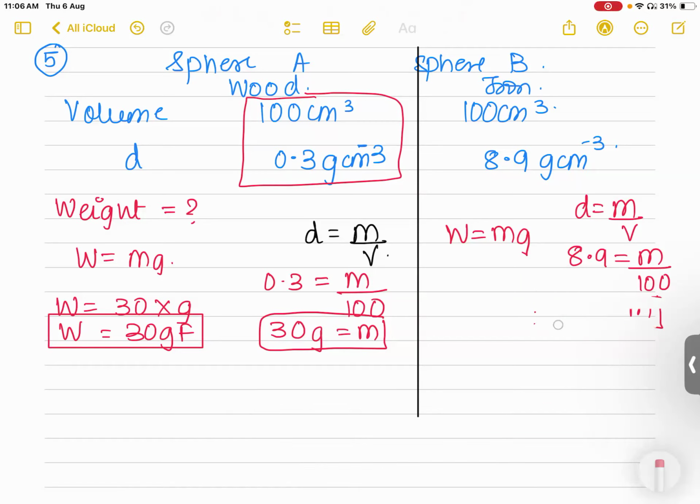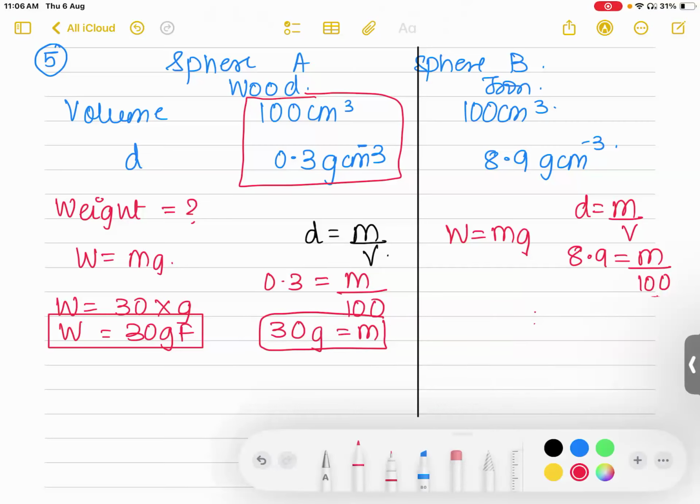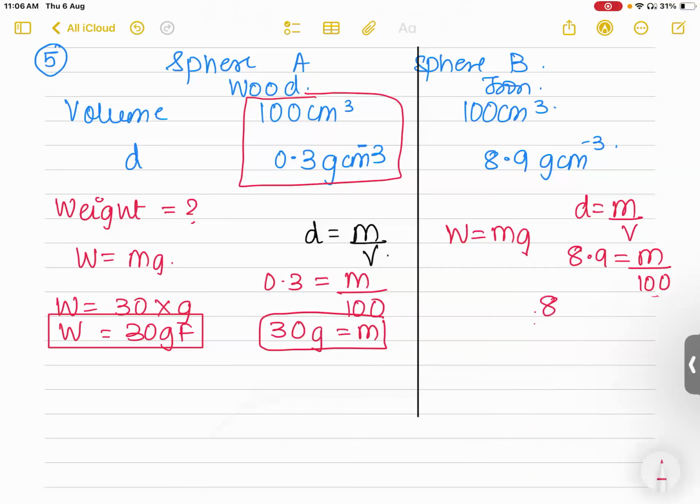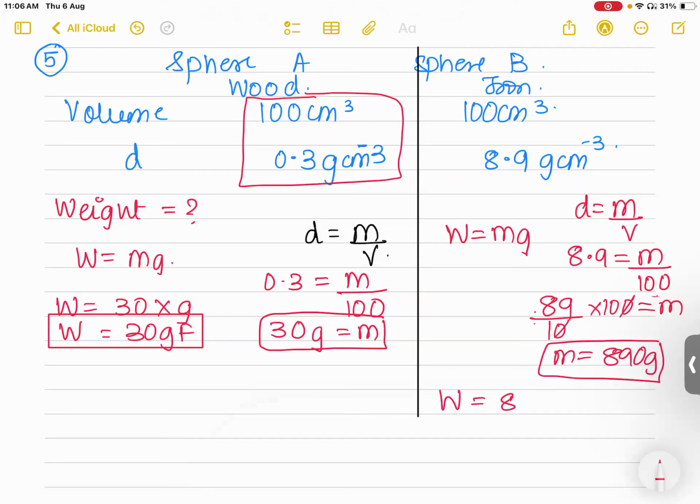Yeah, this will be 89 upon 10 multiplied by 100 is equal to m. The zero gets cancelled. So you will get the value of m as 890 grams. When I calculate weight, students, it will be 890 into g, which is 890 gf. This is the weight which we have found out.